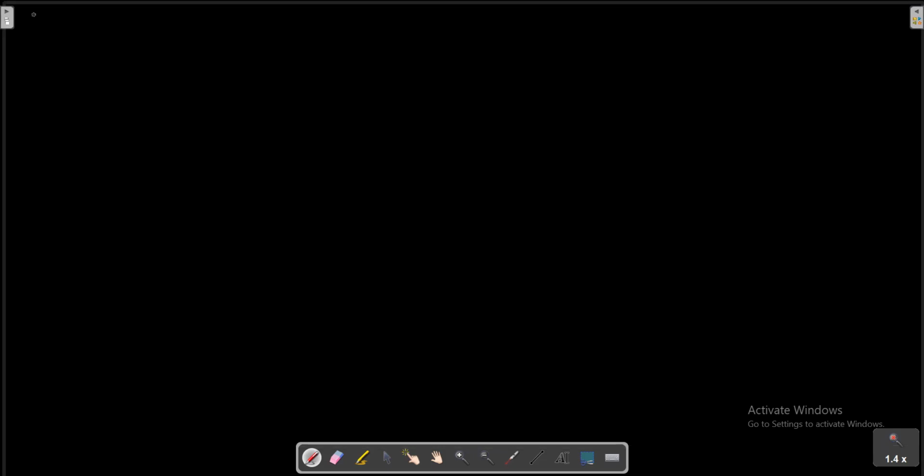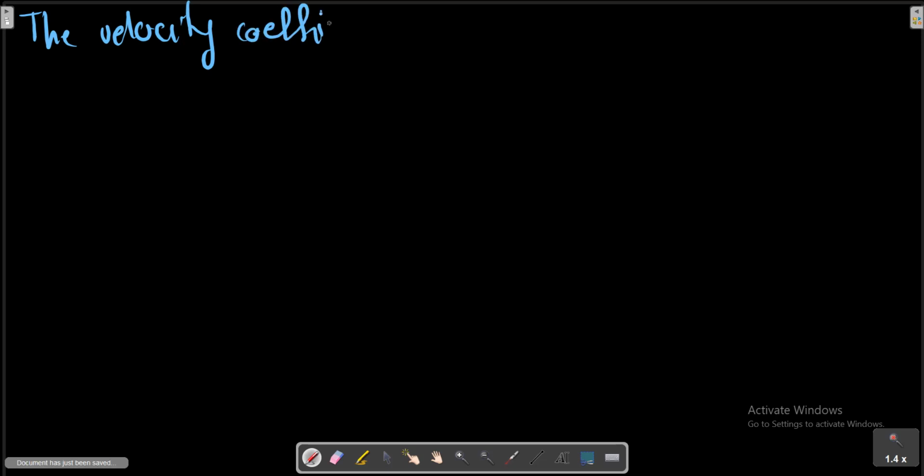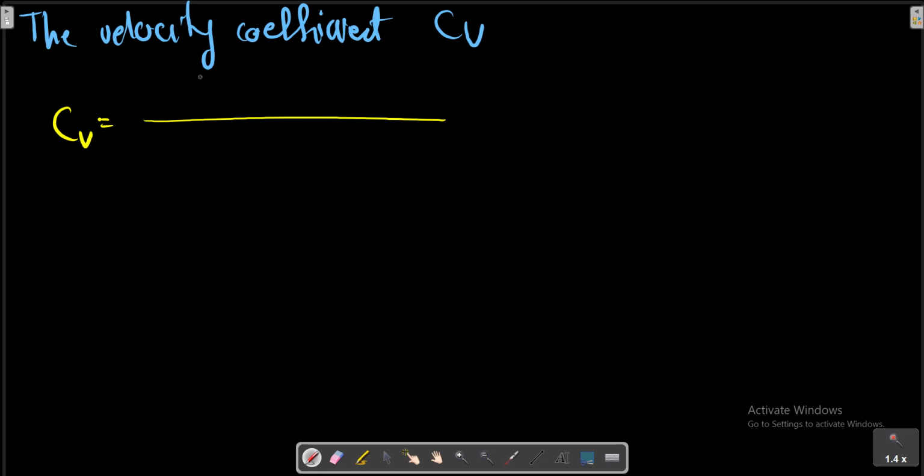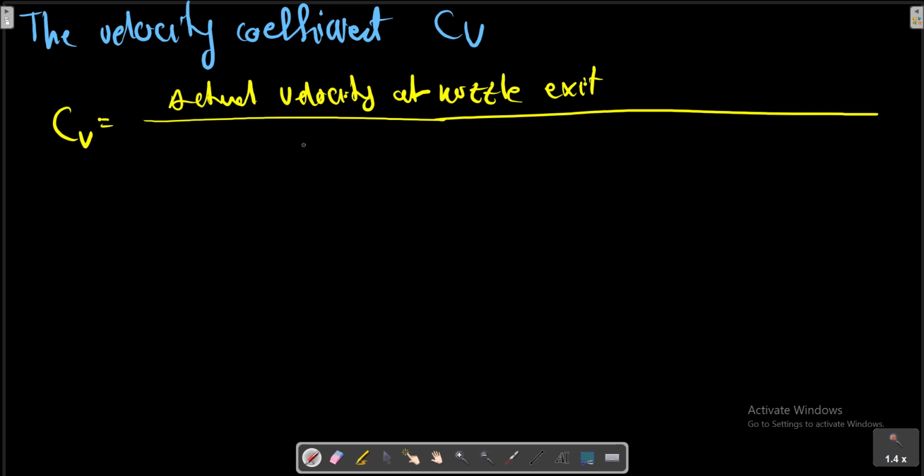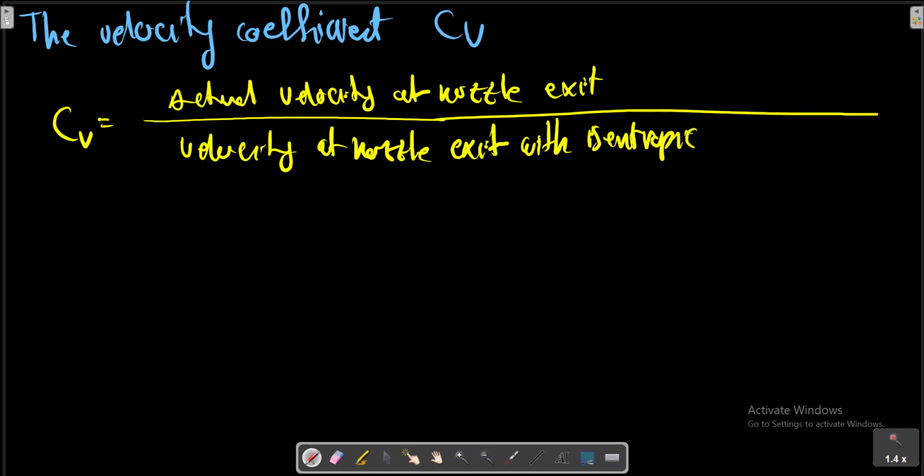The velocity coefficient, CV, is the actual velocity at nozzle exit divided by the velocity at nozzle exit with isentropic flow to the same exit pressure.